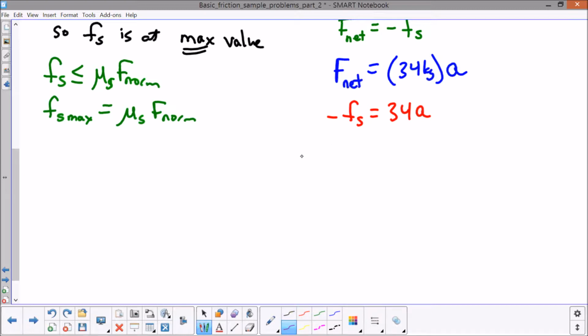We have the force of static friction is at its maximum value when we have the maximum acceleration. So minus F sub s max is going to be 34 kilograms times the maximum acceleration that the box can have.